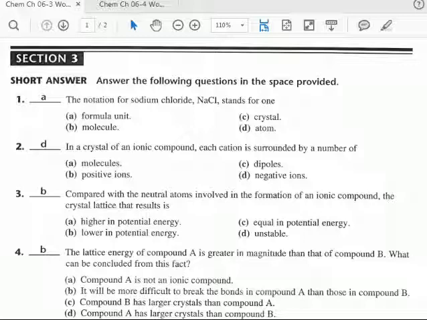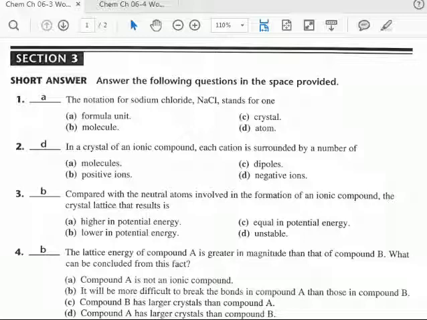And what do we know about nature? Nature favors low energy configurations. So if you lose more energy than another compound when you form, like here A released more energy than compound B during their formations, that means that more than likely compound A is going to be at a lower potential energy configuration than B. To be at a lower potential energy configuration is the same thing as being more stable.